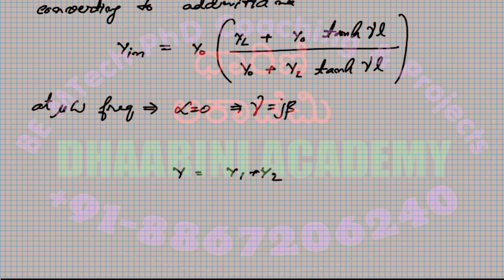Anyway, I'll update my equation first, then we'll make another modification. That's what we are going to see on the Smith chart. So according to the Smith chart requirement, we'll make small changes later.